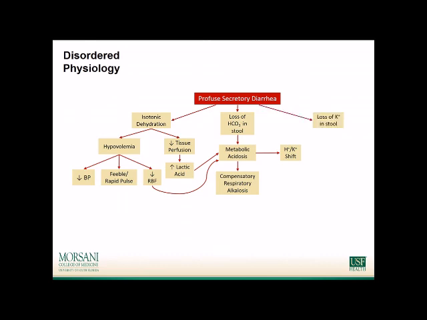And then in addition to losing bicarb in the stool, they're also losing potassium in the stool because of that cyclic AMP dependent potassium channel, and that can have consequences as well. And this hydrogen potassium exchange would also be affected in that case.